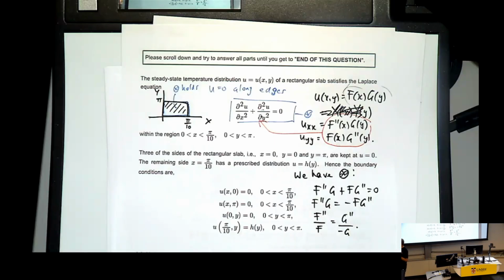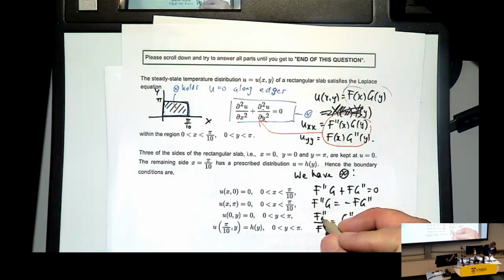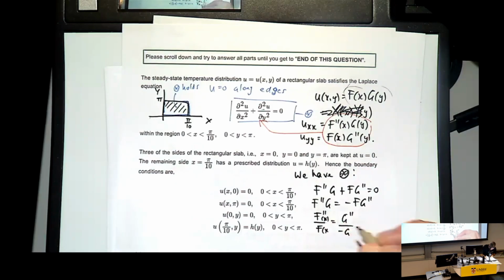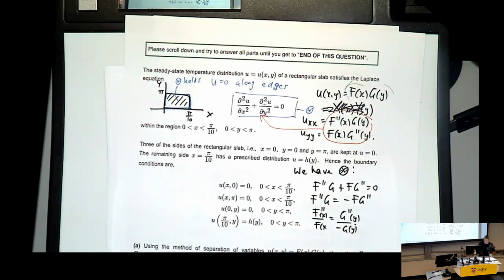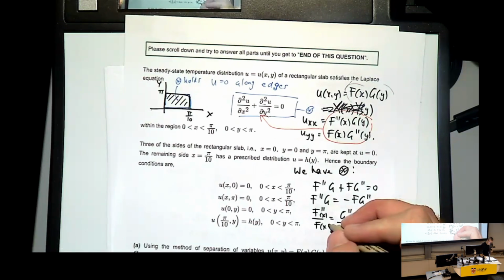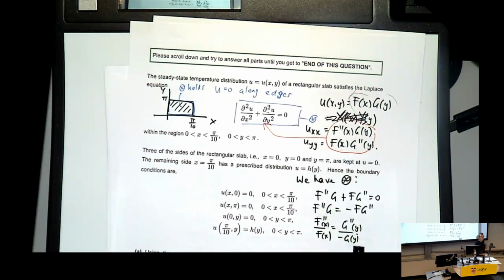And what do we notice about this? Well, f depends only on x. G depends only on y. So what can we conclude about these two ratios? They both equal a constant. That's called the separation constant.